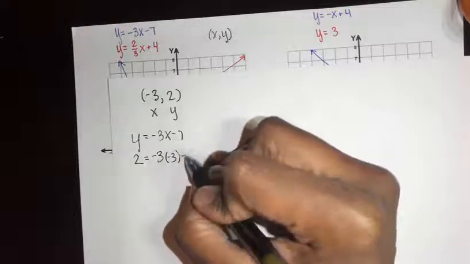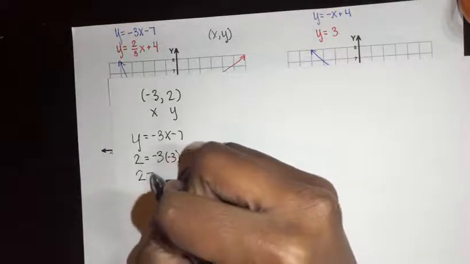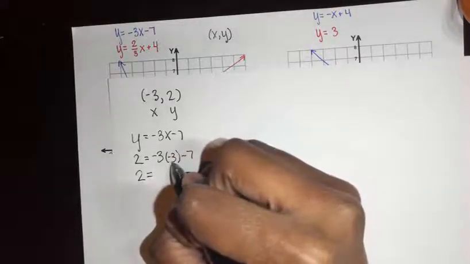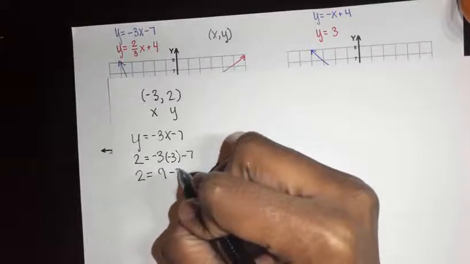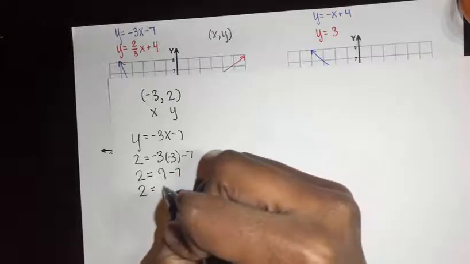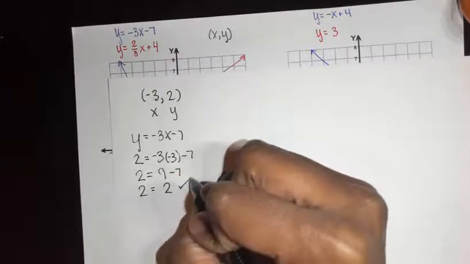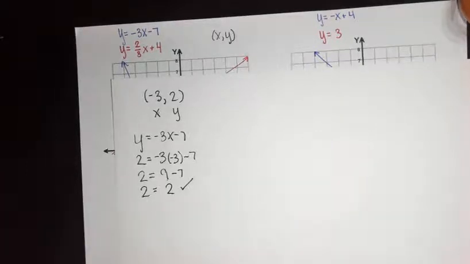And then I still have minus 7. So I have 2 equals negative 3 times negative 3. That is a positive 9 minus 7. And I have 2 equals 9 minus 7 is just 2. That is true. 2 does equal 2, so then I know that works for this equation.